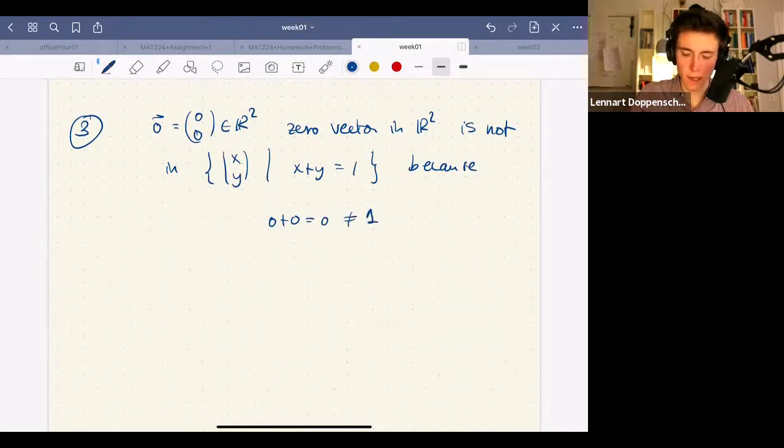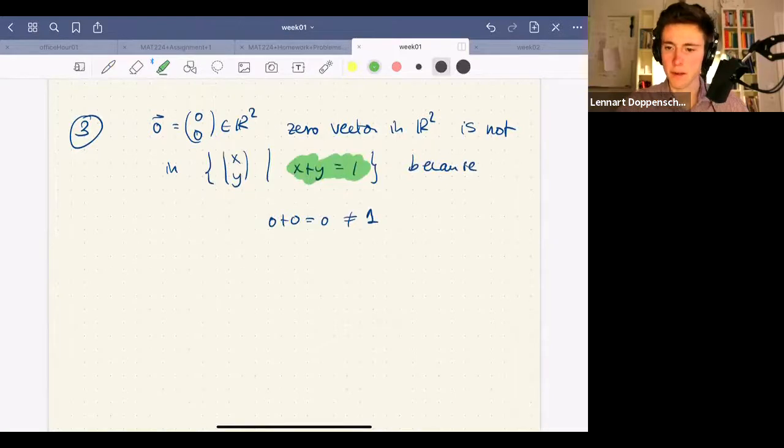So it doesn't satisfy the condition. And this is the one that we prune out by. Yes, very good.